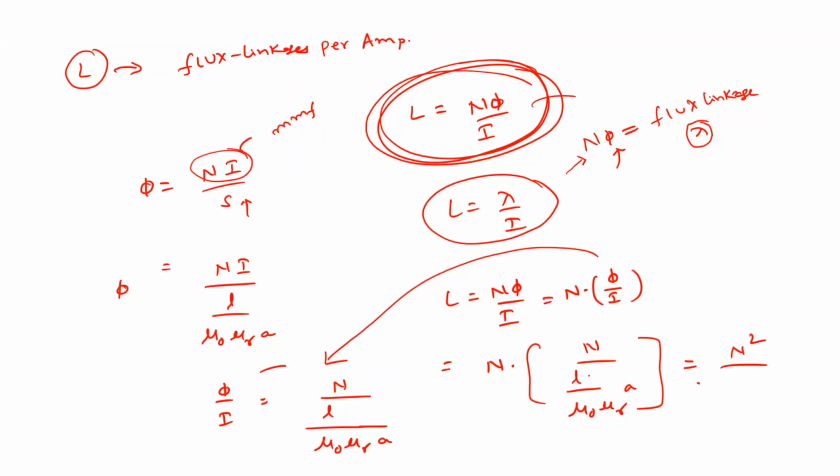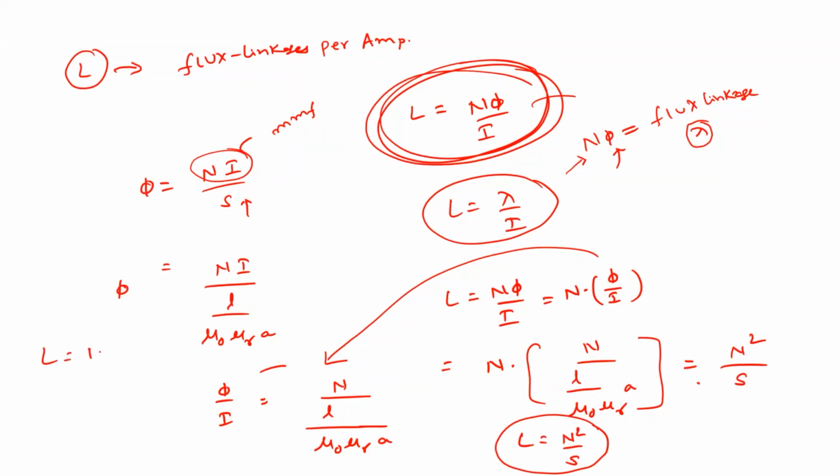So what is this one? Reluctance. Yes, right. So we have another formula: L equal to N square by S, where N is the number of turns and S is the reluctance. So here there are multiple formulas.